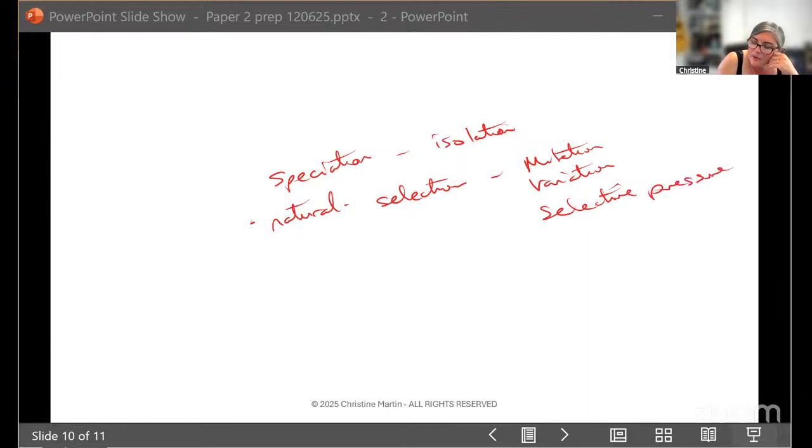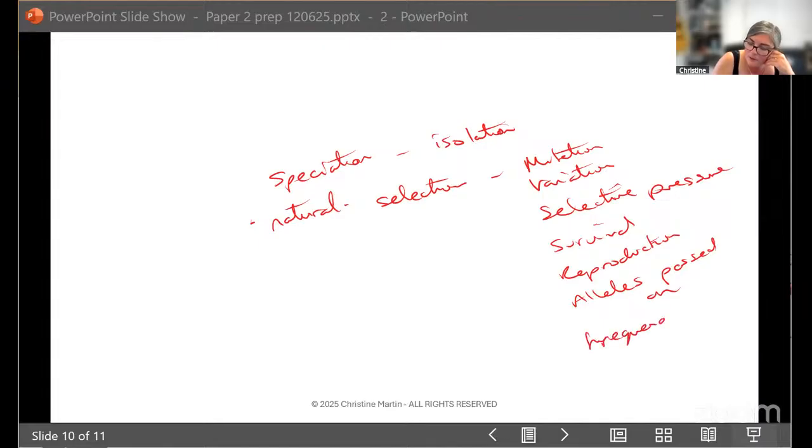Then you have survival, you have reproduction, you therefore have alleles passed on, and therefore the frequency of the alleles will change. So natural selection always has those words: mutation, variation, selective pressure, survival, reproduction, alleles passed on. The frequency of the alleles will change over time.